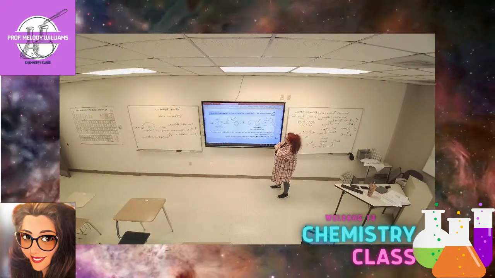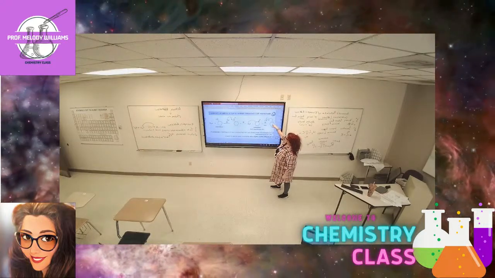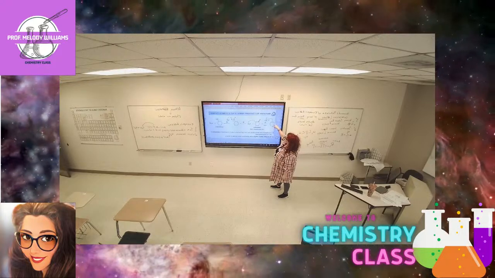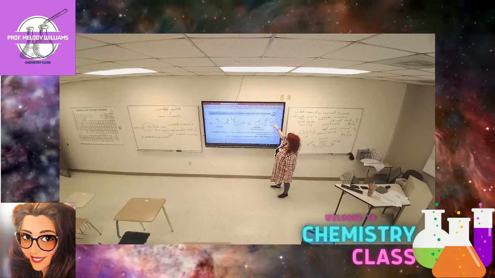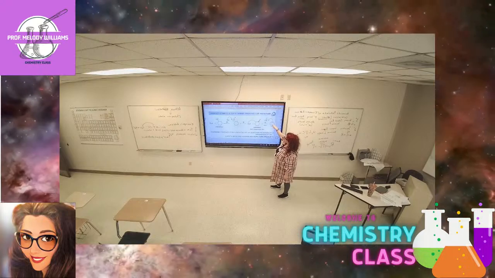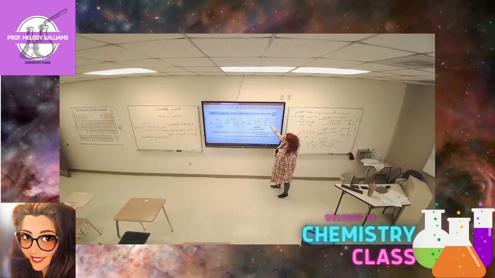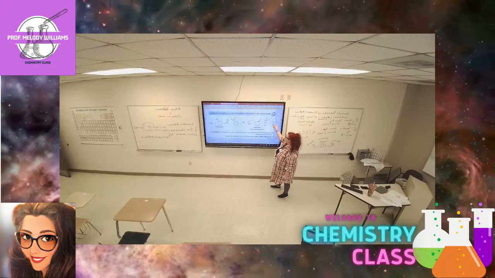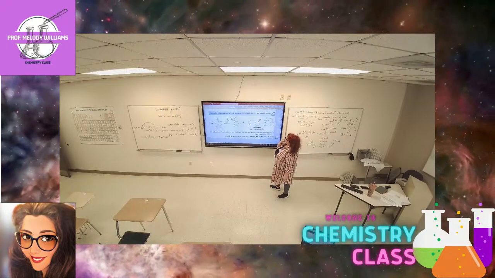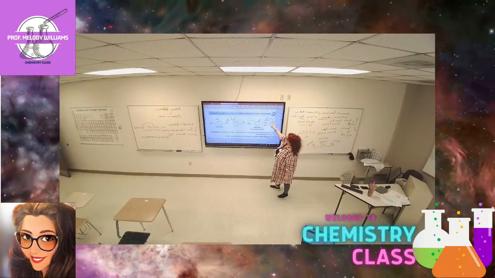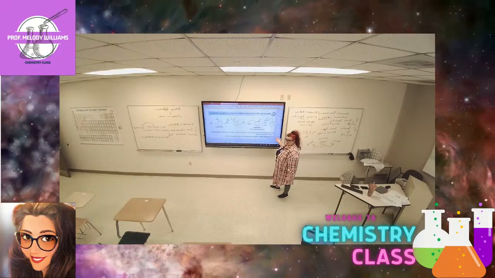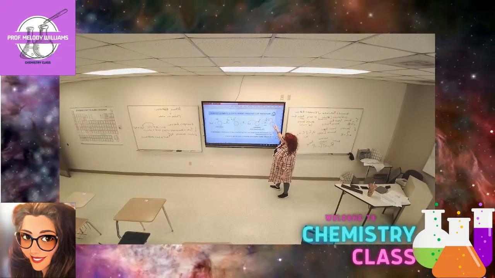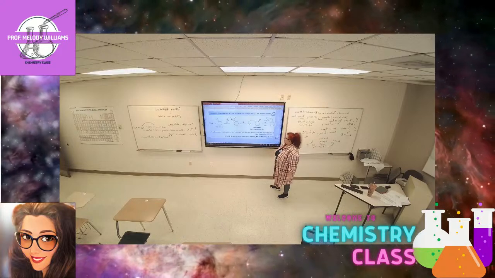So this is a situation where you could put a hydrogen on either side and it'd be correct. This carbon is attached to two other carbons. This carbon is attached to two other carbons. They both have the same number of hydrogens. They're pretty much equivalent. So if you put the hydrogen on here and the positive on here, that's correct. You can also put it on the other side, hydrogen here and positive here, that's also correct.